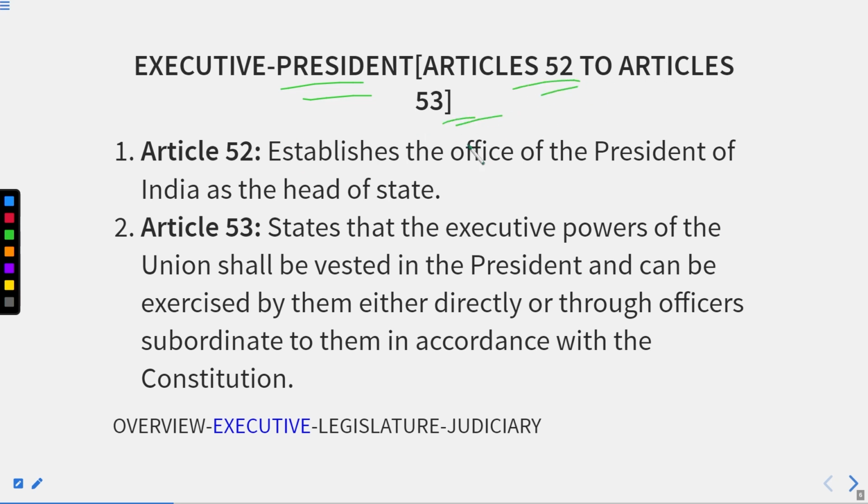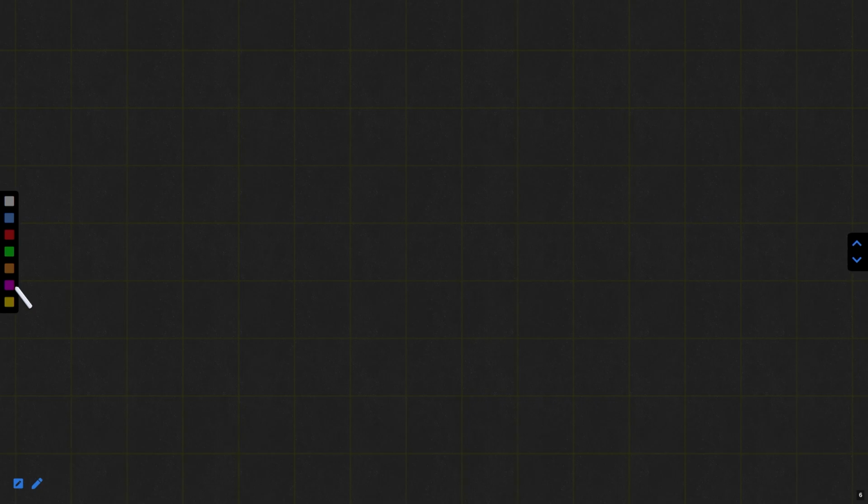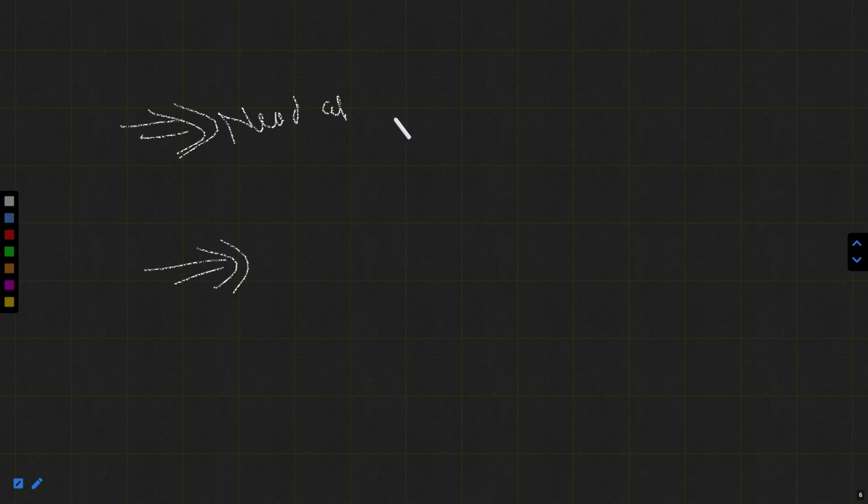Article 52 establishes the office of the president of India as the head of the state. So it means there are two heads. Basically there are two types of heads. First is the head of the government. Second one is, sorry, the head of the state.